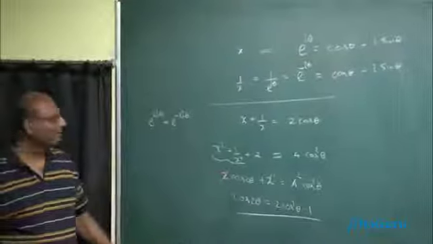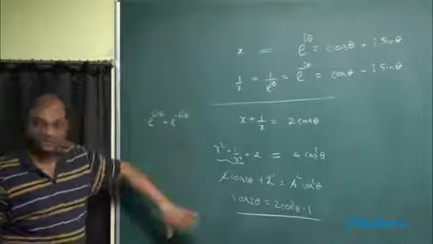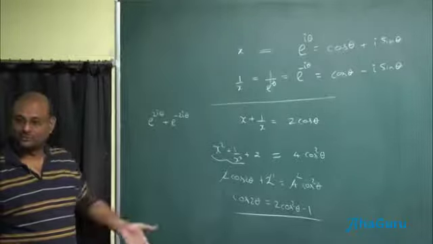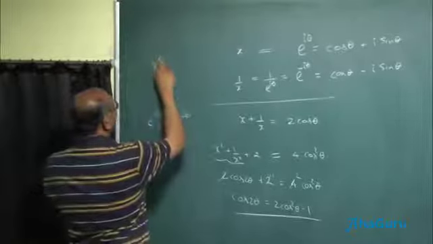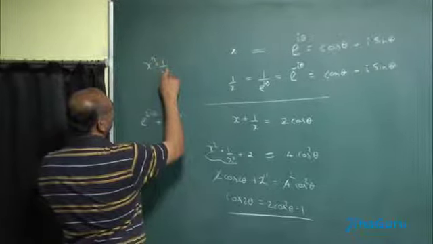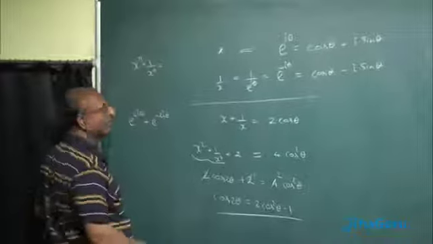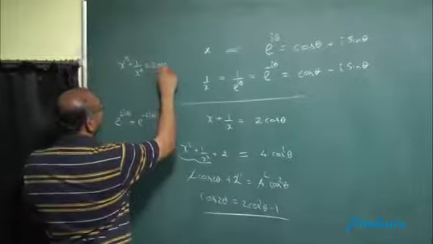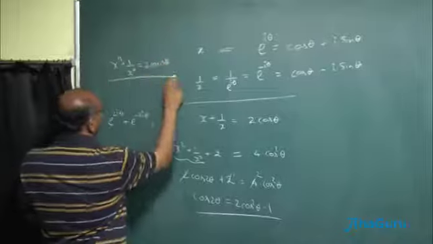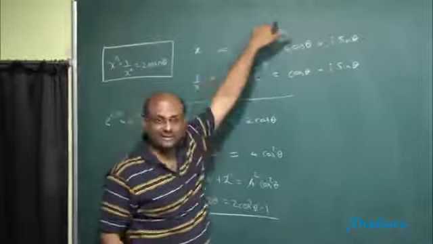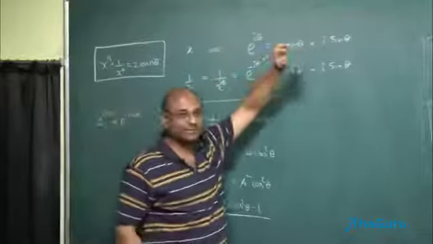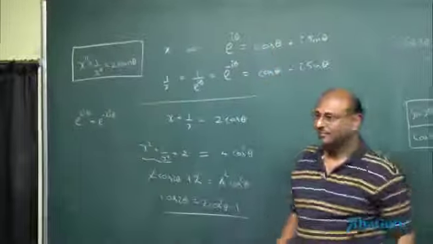Understood? Basically, x square plus 1 by x square gives you 2 cos 2 theta. What do you think will be x power n plus 1 by x power n? 2 cos n theta. I'm hoping that's clear to everybody, right? Because x power n is just e power i n theta, which is cos n theta plus i sin n theta.